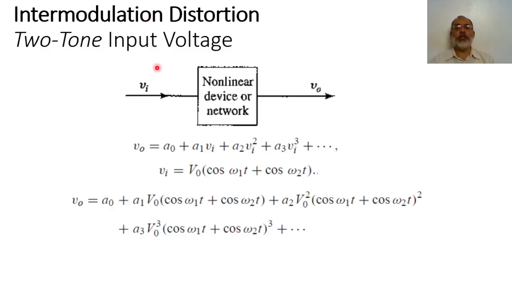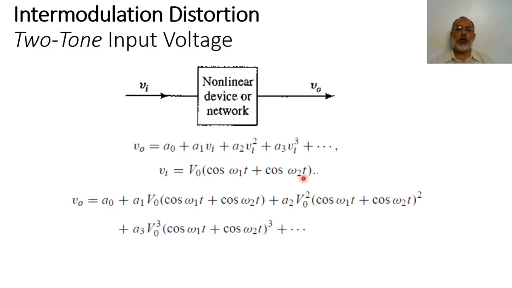What will be the situation if the input signal consists of two signals simultaneously with two different frequencies, such that the input signal would be V0 cos ω1t + cos ω2t, or it can also be represented V1 cos ω1t + V2 cos ω2t. So we have two signals with two different frequencies.